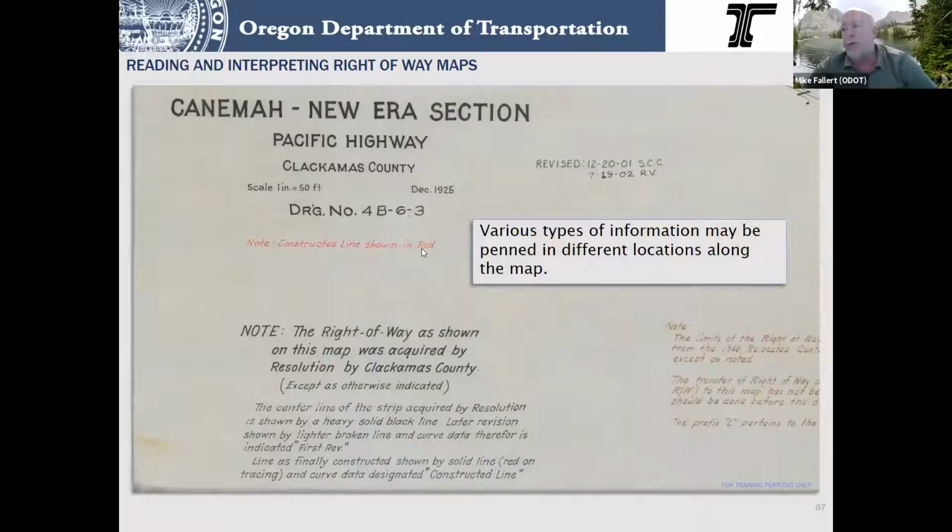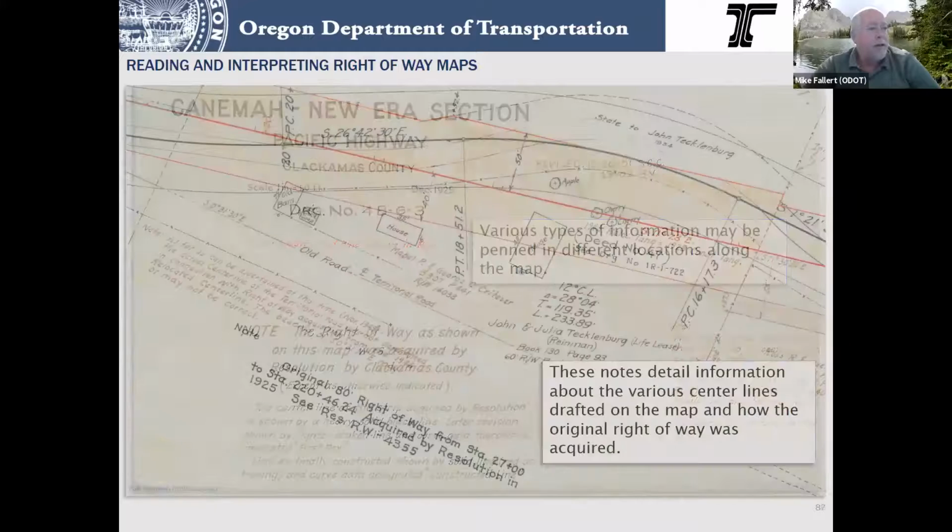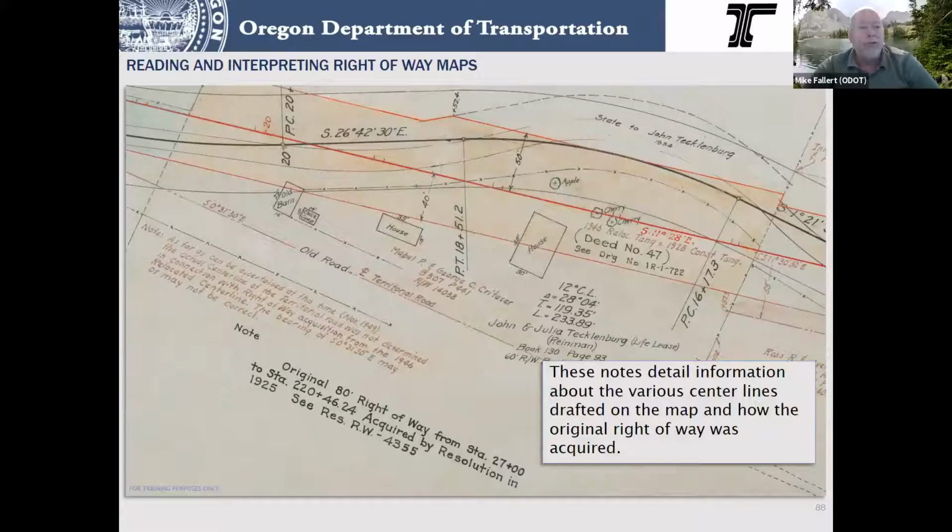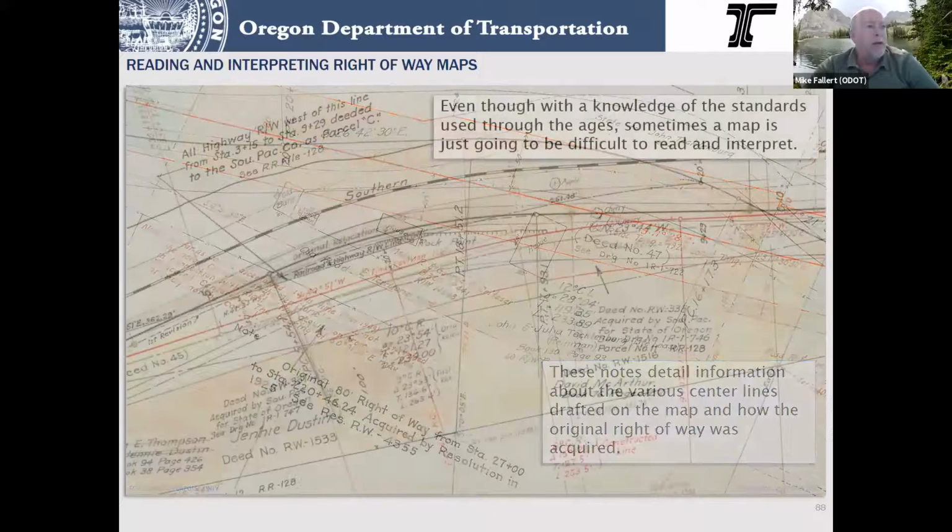Very tight. Construction line is put in red. So this one they drew in and said they changed a bunch of stuff, made a bunch of notes on here. So look on the front in different places for that. Detailed various center lines drafted, different stuff that went on, issues. Look for that on the maps.